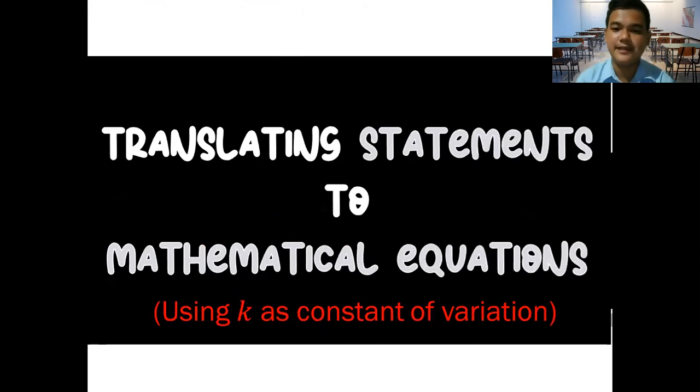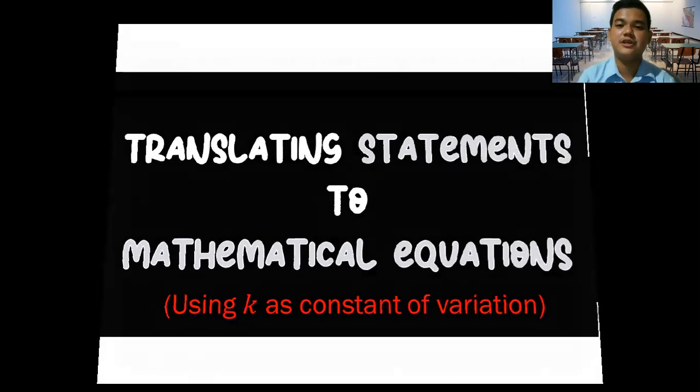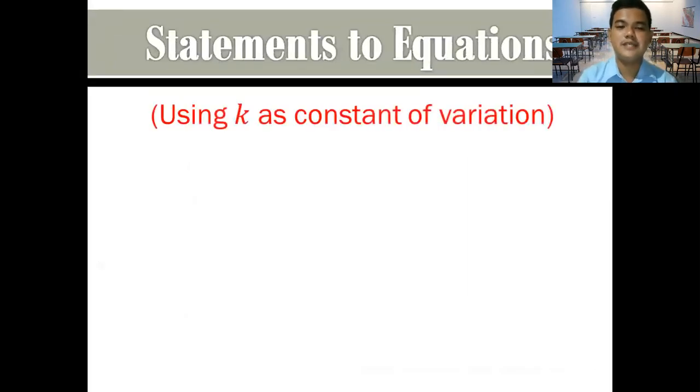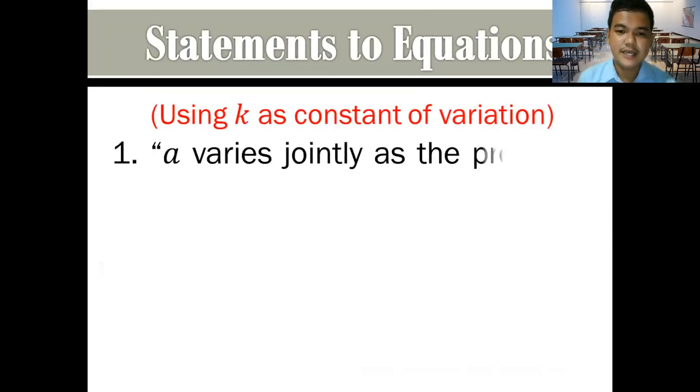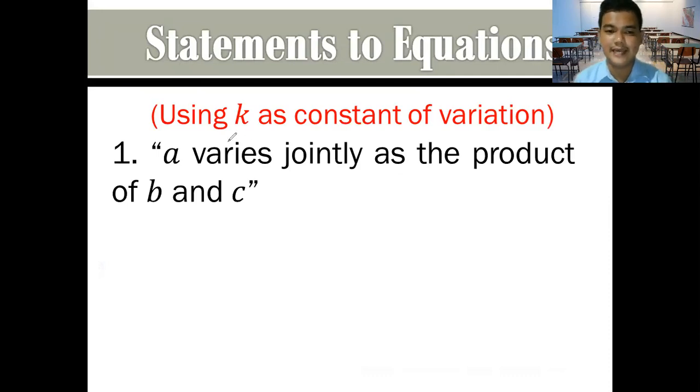So let's now proceed with translating statements to mathematical equations. So let's use again K as a constant of variation. So example, using K as constant of variation, A varies jointly as the product of B and C. So how are we going to translate this statement to mathematical equation?